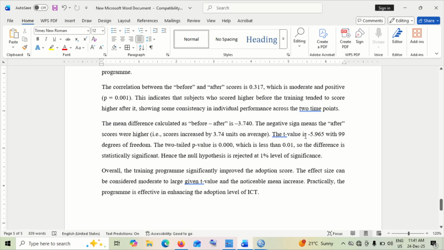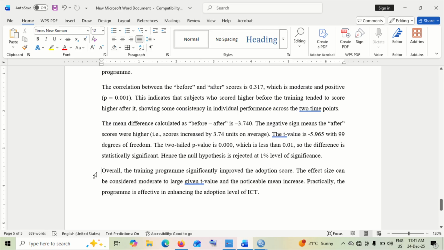The t value is minus 5.965 with 99 degrees of freedom. The two-tailed p-value is 0.000, which is less than 0.01, so the difference is statistically significant. Hence, the null hypothesis is rejected at 1% level of significance. There exists a significant difference in the adoption level of ICT before and after the training program.